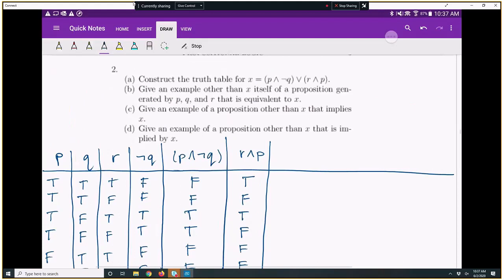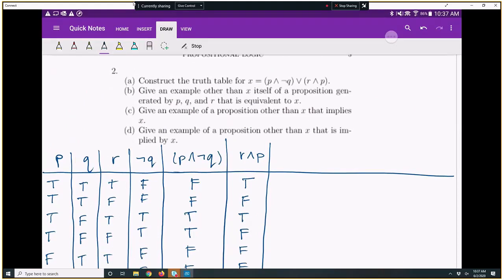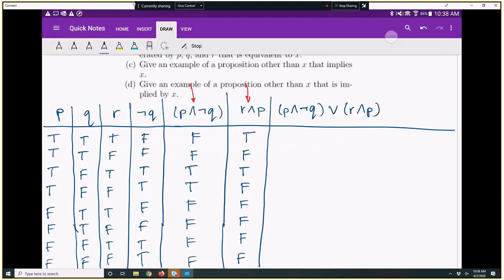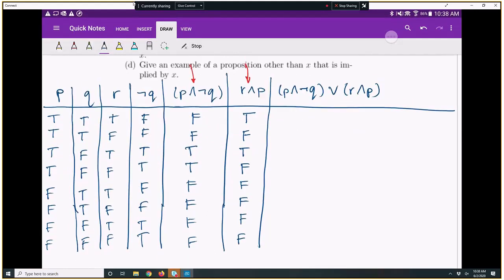And now I'm ready to put them together. I'm going to be looking at P and not Q, or R and P. So looking at these two columns, and since it's or, I'm looking for only one truth value.